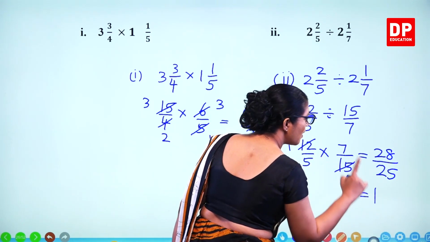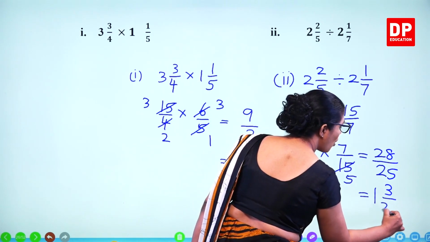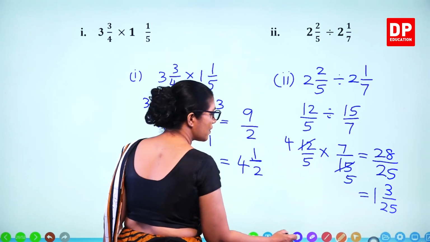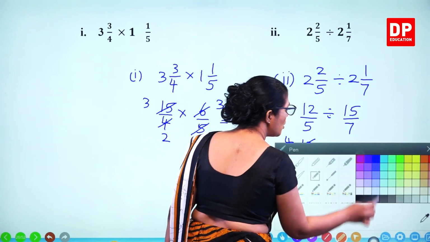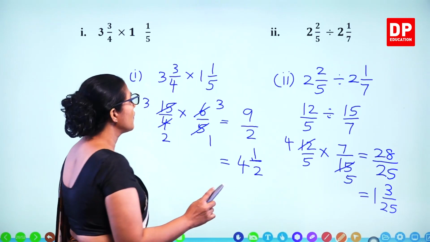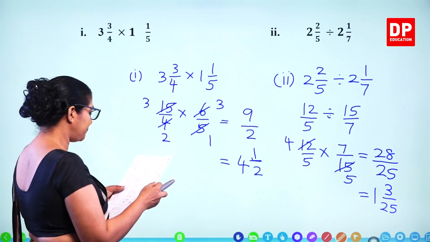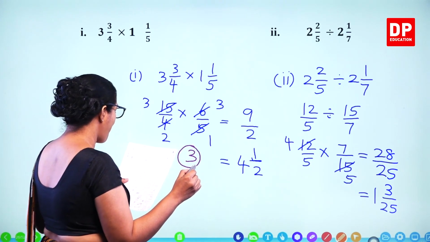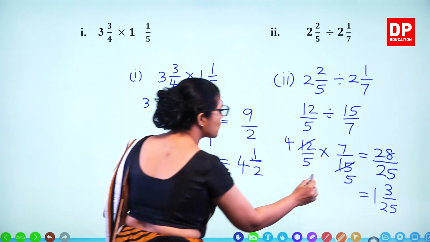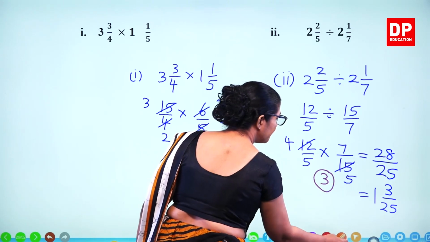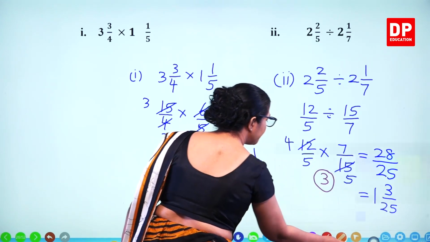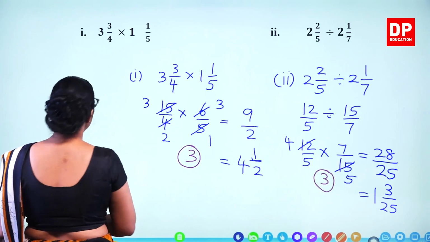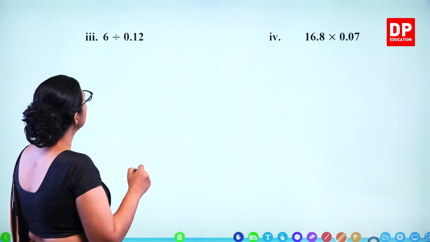That's 1. 3 remaining out of 25. So 1 and 3/25. So how many marks for that? 3 marks for this part and 3 marks for this. So 6 marks. Part 3.